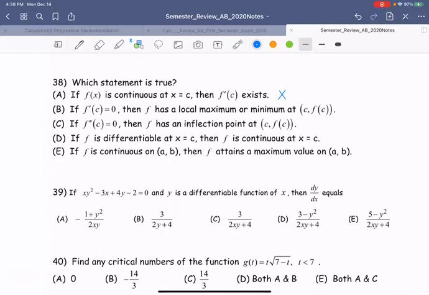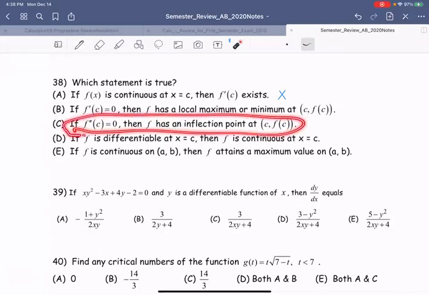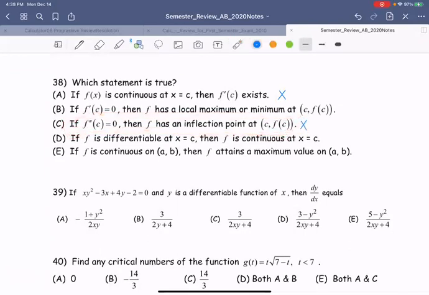If f prime c equals 0, then f has a local maximum or minimum at c. Maybe, but let's go through the others until we confirm, okay? This one, you already see, you will work on that question, so you know this is not it, right? Wait, for C, if it was the first derivative, would it be true?